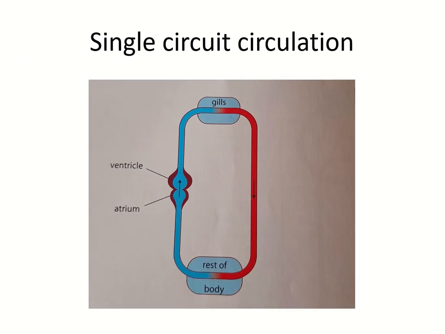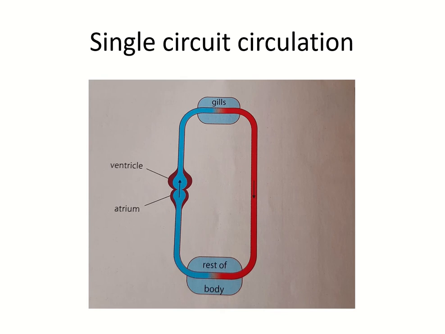You can see single circuit circulation within the body of fishes. From all of the body, the deoxygenated blood is collected in the atrium. Then from the atrium, blood is pushed into the ventricle.